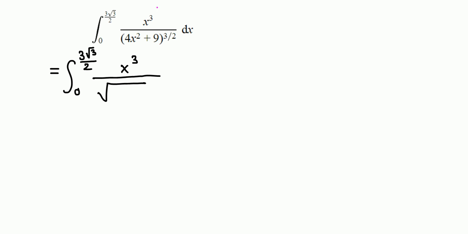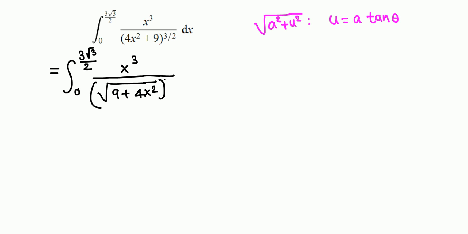Okay, so we have seen whenever we have square root of a square plus u square, then we make the substitution u equals a tangent theta. Let me write it in that form. So (9 plus 4x squared) cubed, raised to power 3, dx.